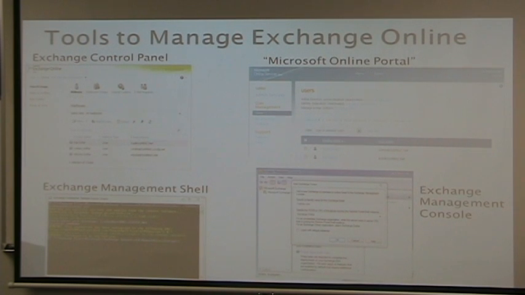Exchange Management Shell, you can redirect PowerShell. In fact, you have to have one or the other of the bottom two, Exchange Management Shell or Exchange Management Console, if you're integrating with an on-premise Active Directory controller, because the other things at the top you can't do a whole lot with. So some of the things that you would want to do in Exchange, you can only do via PowerShell or in the Exchange Management Console.